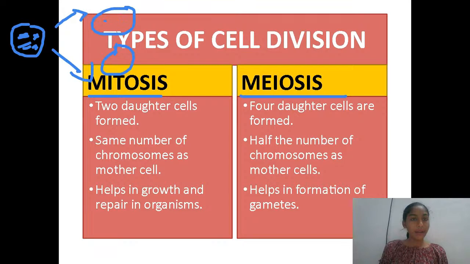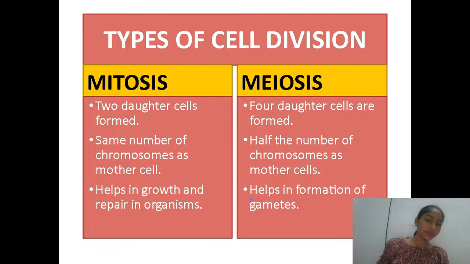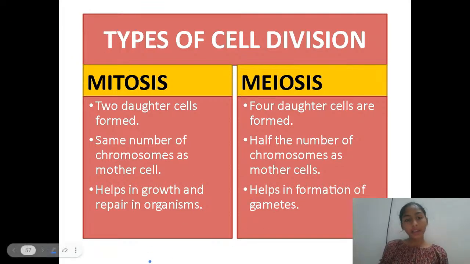So the mother has four, and these will also have four. Got it? So the mother has four chromosomes, and the daughters also have four. Got it? So this is called mitosis. It helps in growth and repair in organisms. So mitosis only occurs to help in growth and repair in organisms.